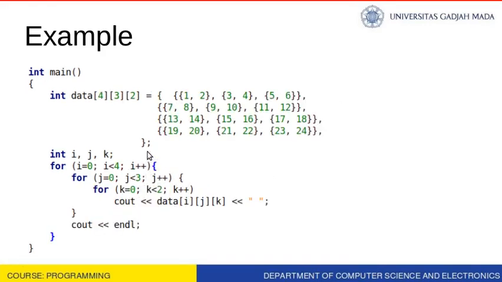So now we will see the example of a three-dimensional matrix. So how to define a three-dimensional matrix? When you have a three-dimensional matrix and you want to declare the values just after you declare the three-dimensional matrix, then you can do like this.